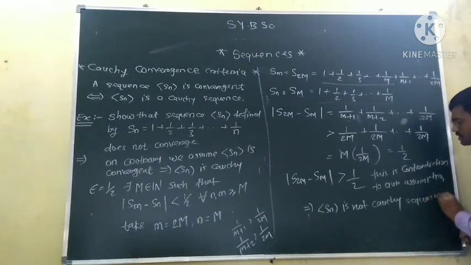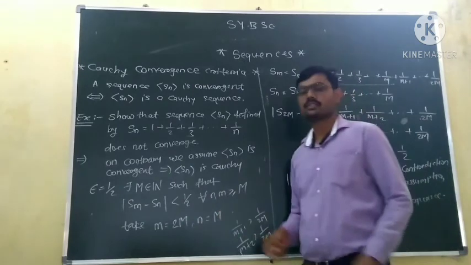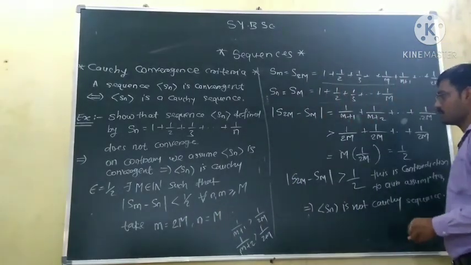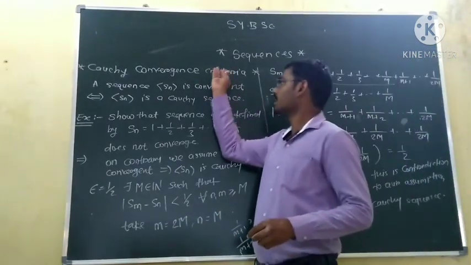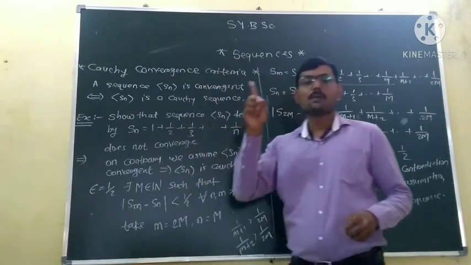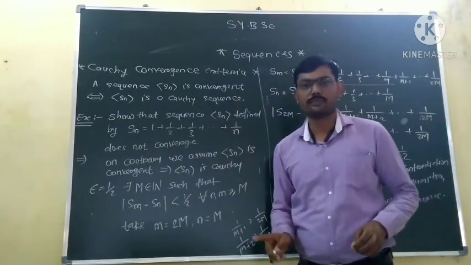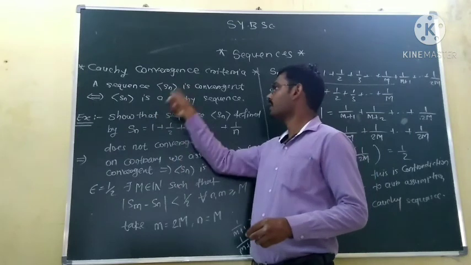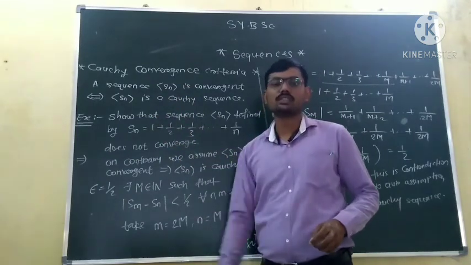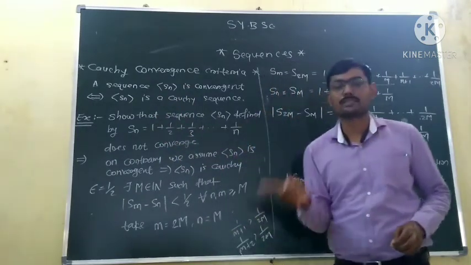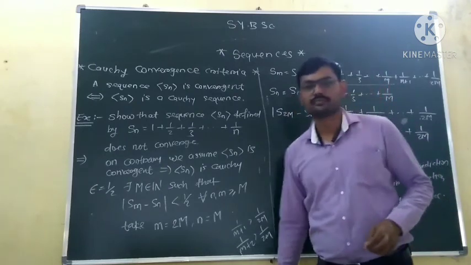Okay. Since the sequence is not a Cauchy sequence, the sequence is not convergent. So we know the Cauchy convergence criterion: a sequence is convergent if and only if the sequence is a Cauchy sequence. That is, if a sequence is divergent, it is not a Cauchy sequence, or if a sequence is not a Cauchy sequence, then it is divergent.